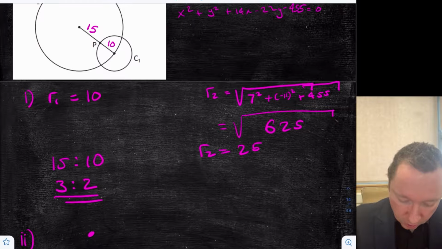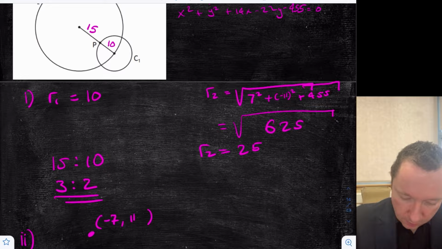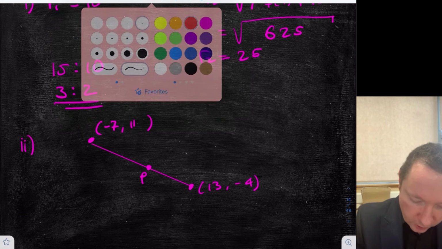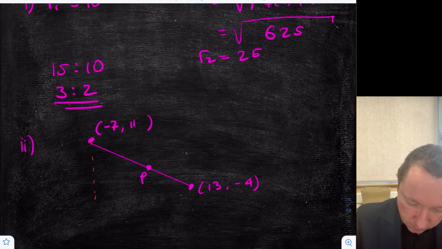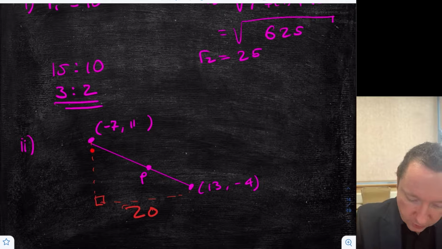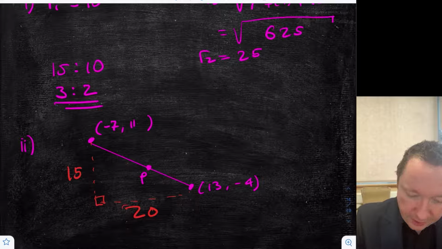Part 2, hence or otherwise determine the coordinates of P. So the centre of our first circle is (13, −4), and the centre of the second is (−7, 11). And then drawing another line, I'll draw a right angle triangle here. We know that the distance across must be 13 minus −7, which is 20. And we know that the distance up the side is 11 minus −4, which is 15. And P is 3/5 of the way along.